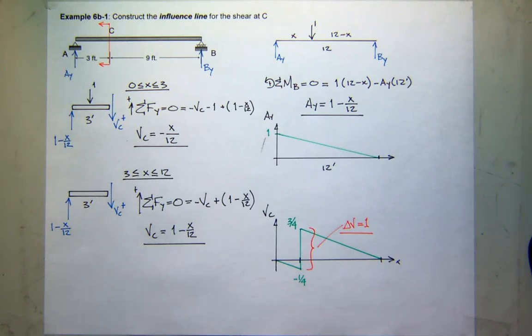So any other questions about that one? We'll work several more. So to get the negative 1/4, you plug in the 3 feet into the shear equation, right? Right.